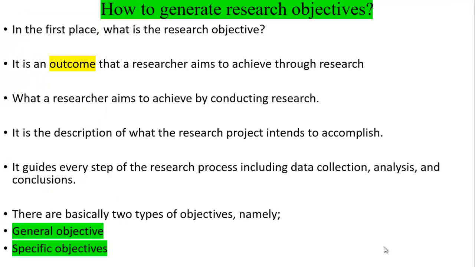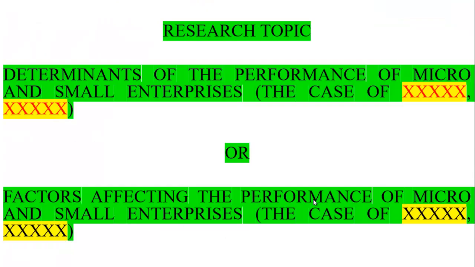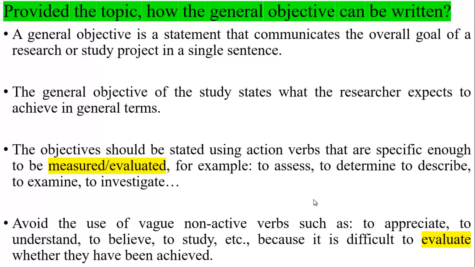Provided the topic we have seen, the determinants of the performance of micro and small enterprises, or the factors affecting the performance of micro and small enterprises, how can the general objective be written?